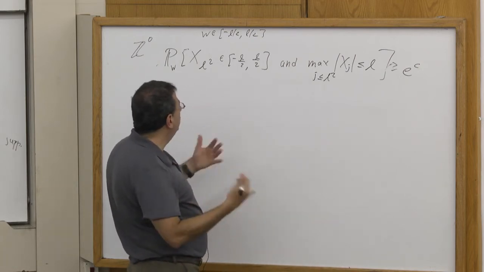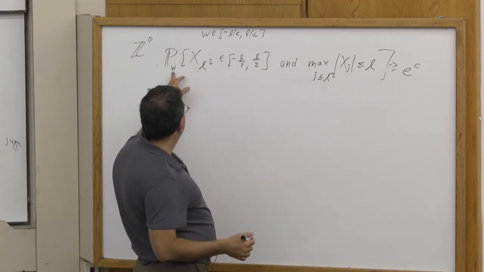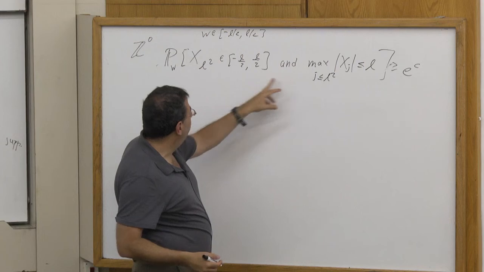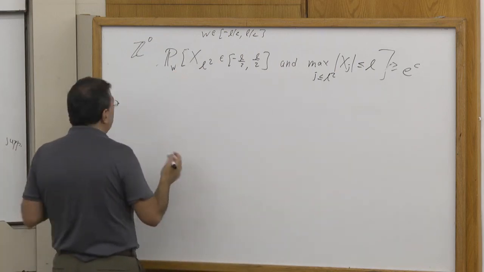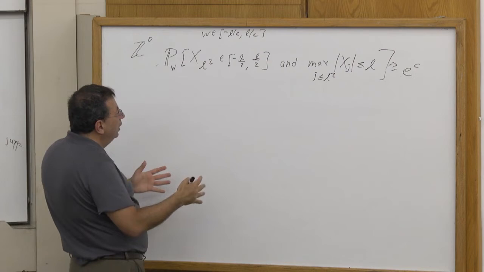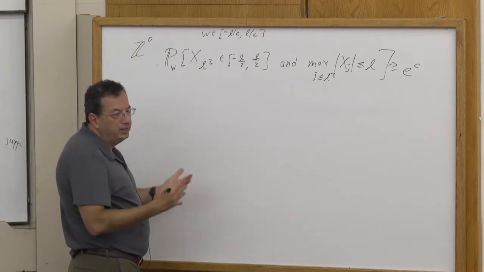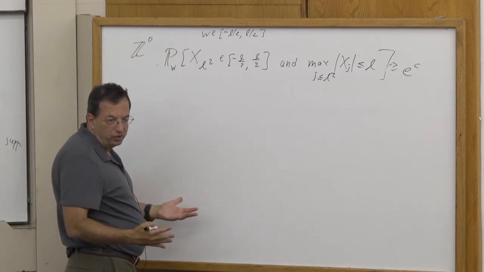And now we can just iterate that, because we observed this not just starting at the origin, but starting at any point in the interval minus L over 2, L over 2. How many times do you want to iterate? T over L squared times.